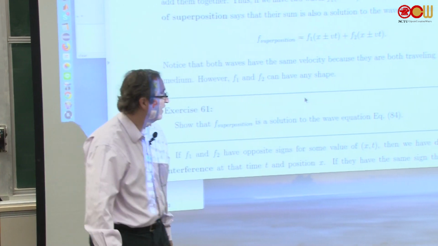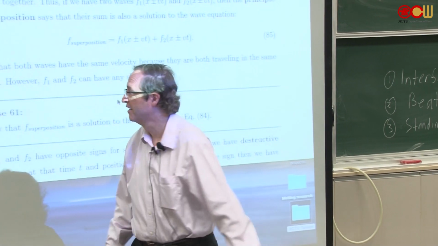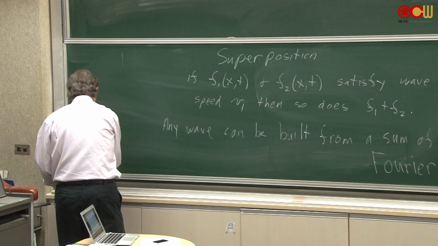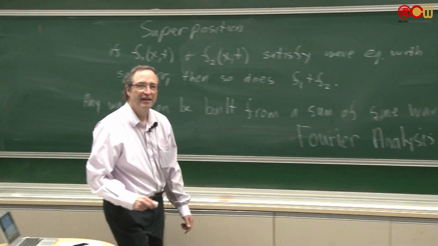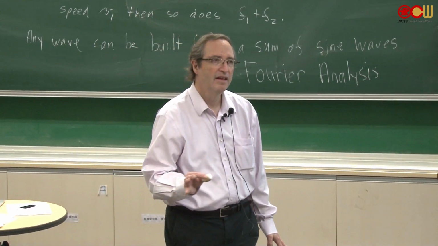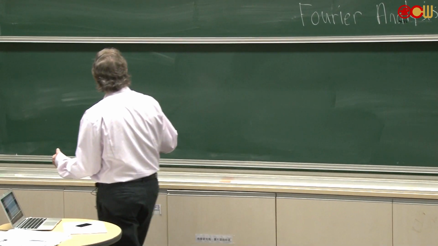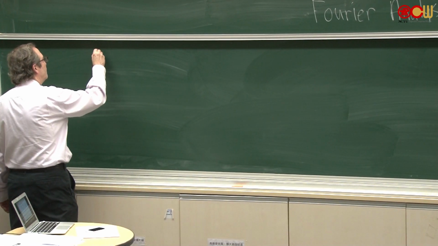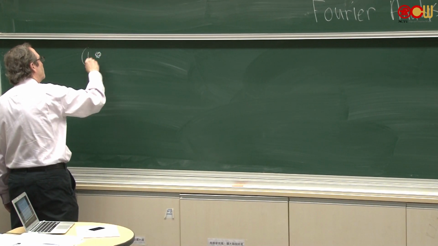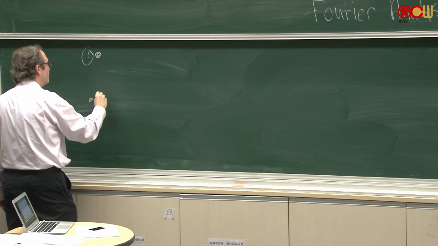So let's take a look at interference. So that's the first topic. This is an easy topic to explain, and the ideas are pretty straightforward. Let us say we have 2 sources. So this is source 1, source 2.